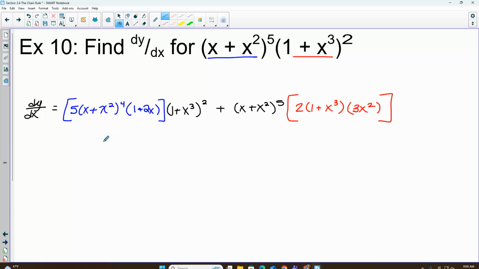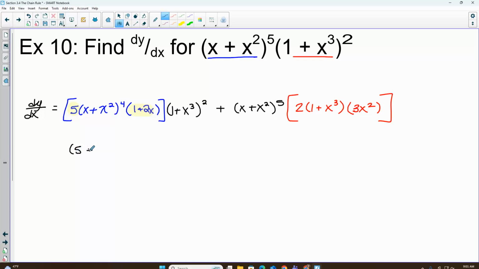There is quite a bit we can do here. I'm not expecting anything crazy. If we wanted to multiply these, we could.